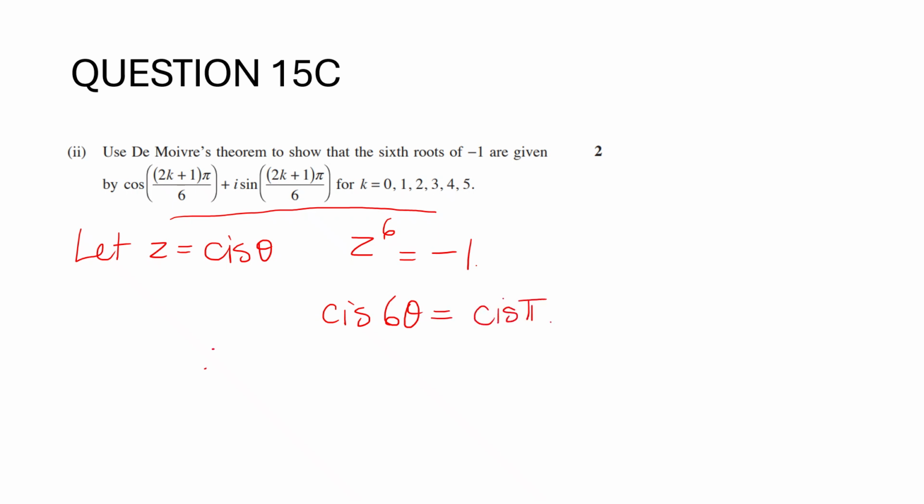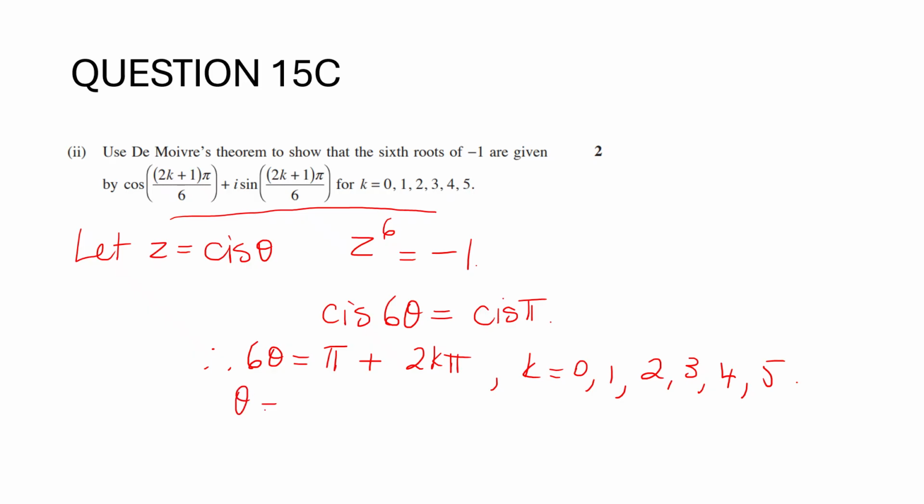Therefore, 6 theta is equal to pi plus 2k pi, where k is equal to 0, 1, 2, 3, 4, or 5. And so theta will equal pi plus 2k pi all over 6.